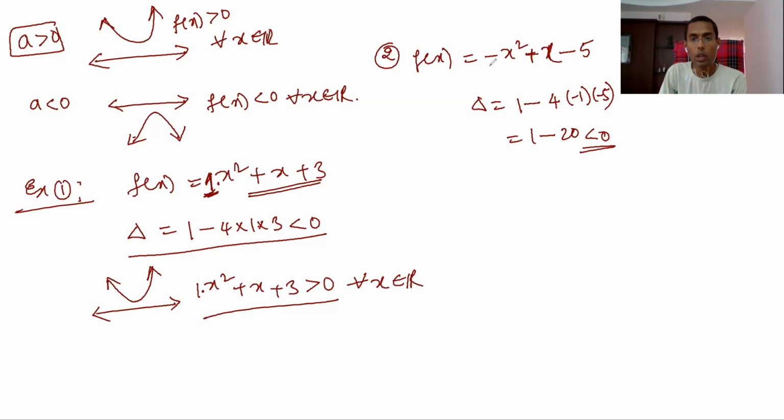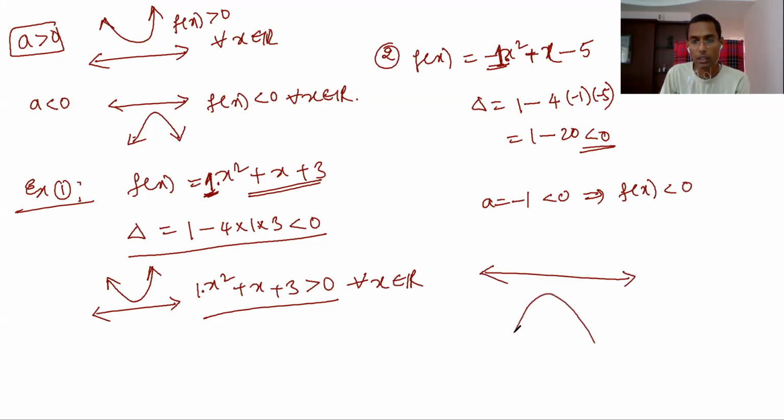Then you have to see the sign of a. A and the expression will have the same sign. A is negative, that means f of x is also negative. That means the graph will be like this for all x belongs to R. Hope you understand this one. So these are the examples for that.